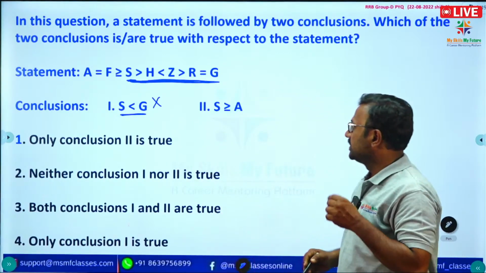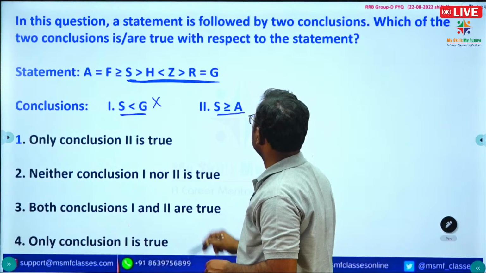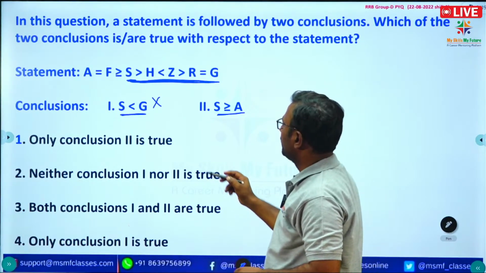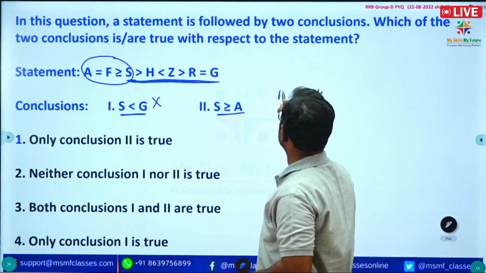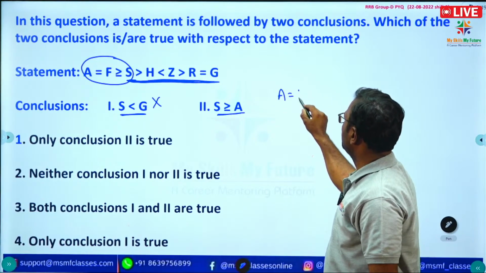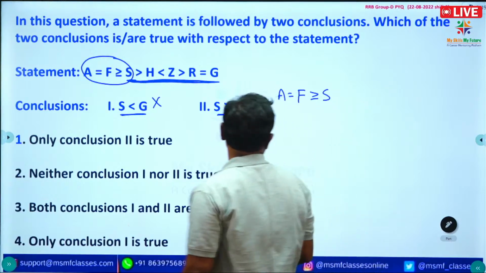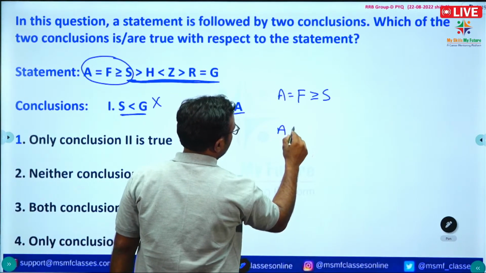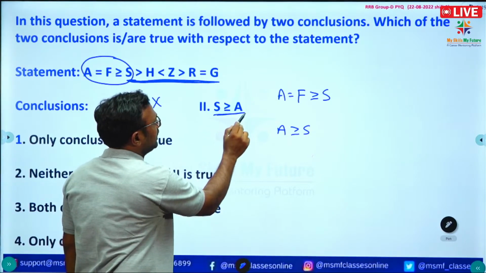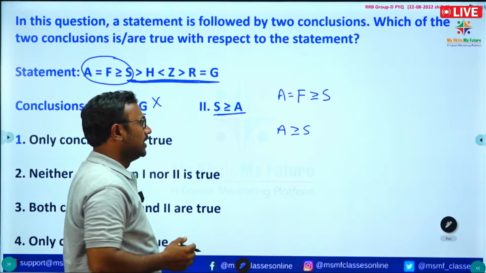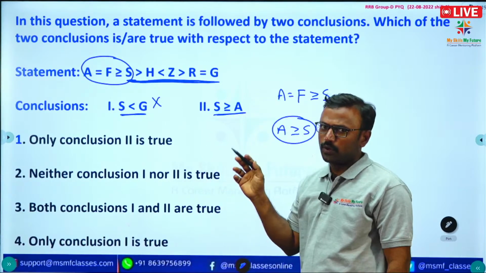See conclusion 2 here, S greater than or equal to A. If you see that here A is equal to F, F greater than or equal to S. We can write it as A greater than or equal to S, but here it is S greater than or equal to A. So, conclusion 2 is also false.